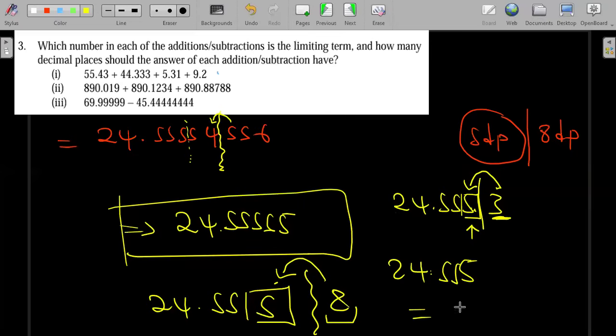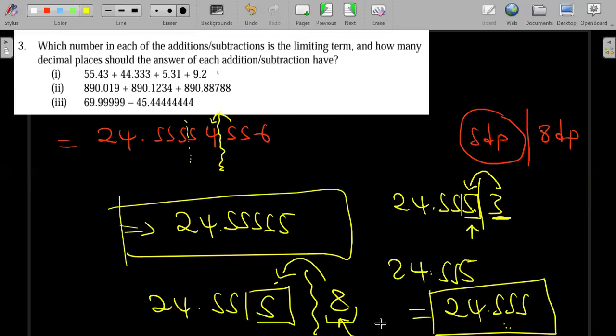We are going to say this is the same as 24.555. So this is our answer here because this number here is even. But I don't think they really follow this rule. Some might follow it, but I don't think they really do. But it's there. So that's how you apply the rule that you are talking about.